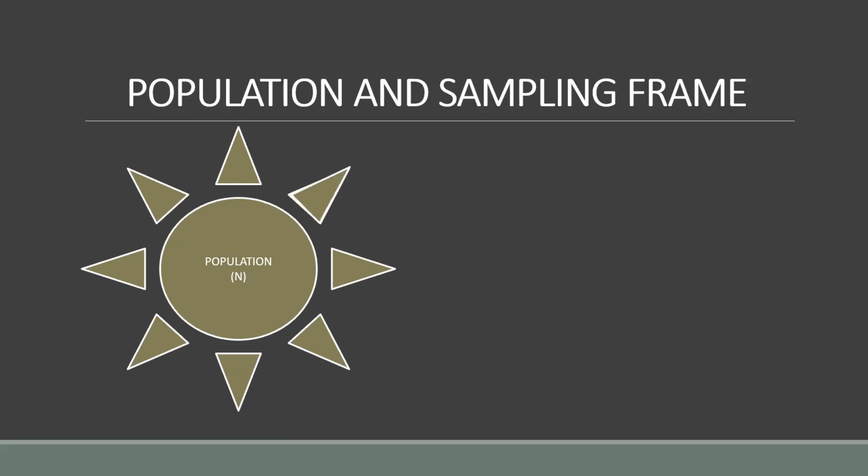The sample, on the other hand, is the one that we obtain that will represent the population. The sample is represented by the small letter n, which is a subset or a sub-collection of the elements drawn from the population. So how do we determine the sample from our population?